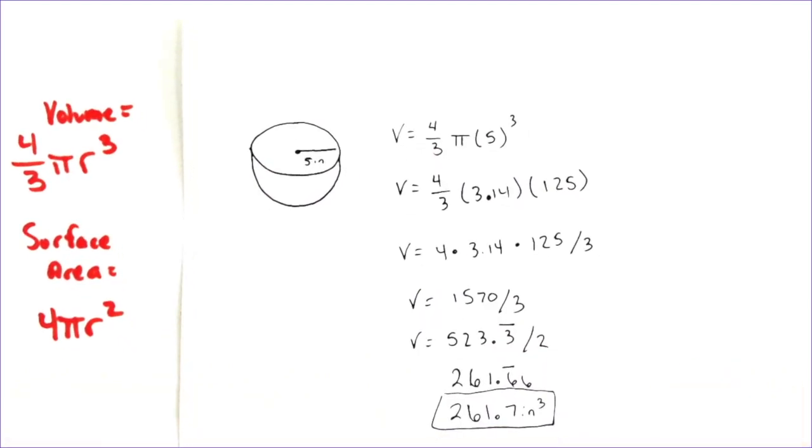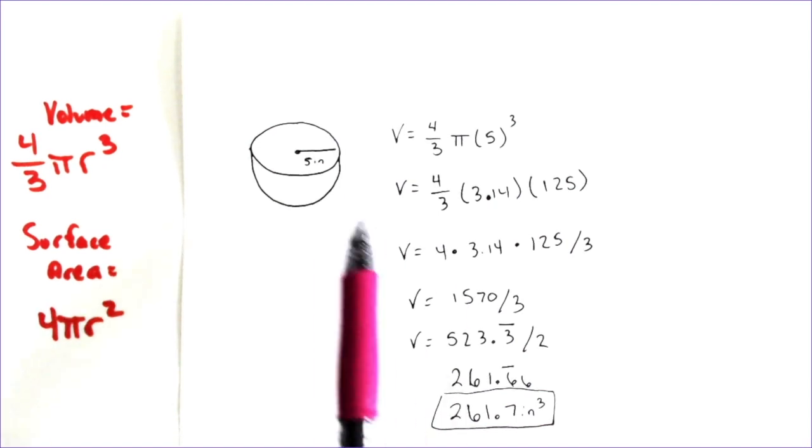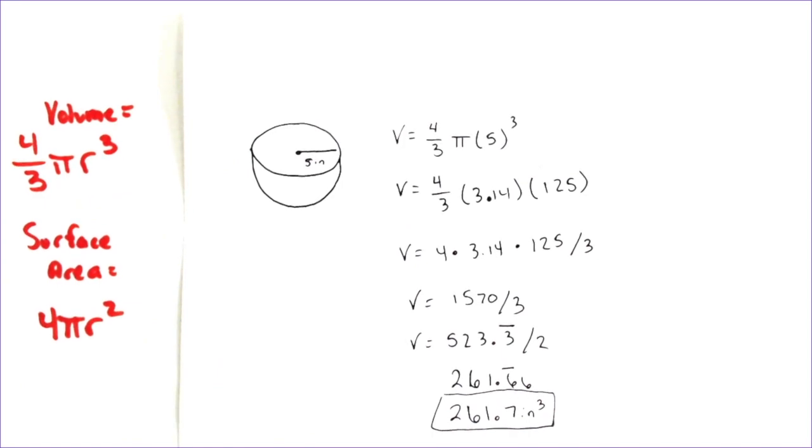So let's find the surface area. Now, the surface area is going to be similar to how we found volume, where we find the surface area of the entire sphere and then cut it in half. But there's going to be an extra element that needs to be addressed as well. Because you're not just finding the surface area of what's on the outside anymore.